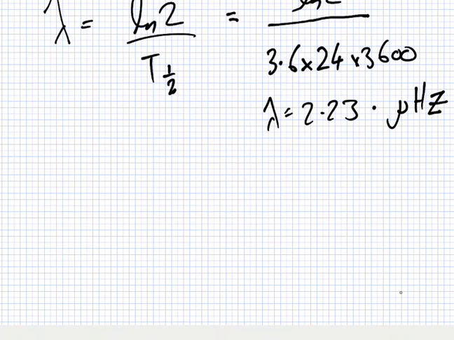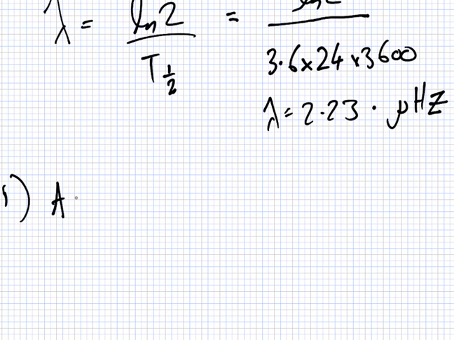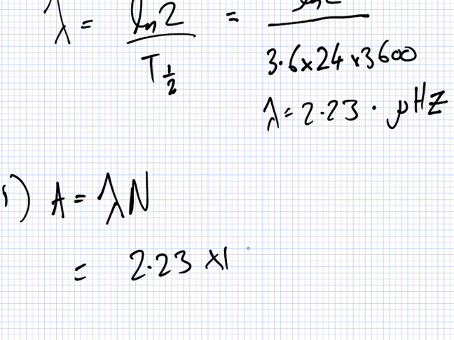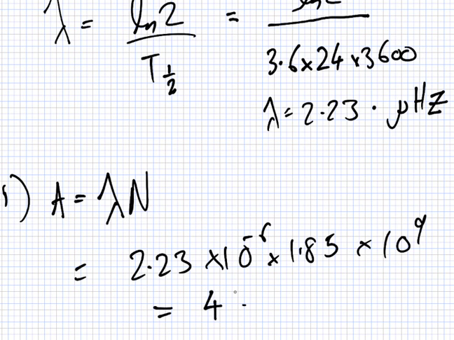So let's have a look at this next part. Activity equals decay constant multiplied by N, which is 2.23 times 10 to the minus 6 times 1.85 times 10 to the 9. Sorry, I'm trying to contain my anger. Equals 4122.7.